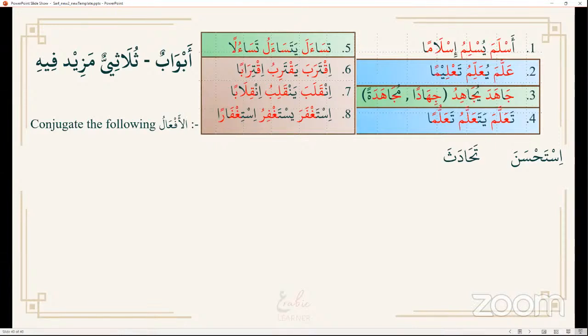Tahadasa. Now just tell me which bab it belongs to. You can type the bab number here. It's numbered here from 1 to 8. Just type the number. Tahadasa will belong to which bab? Yes, Tafa'ala. Okay, so now do the conjugation. Tahadasa, yatahadasu, not yatasahad.